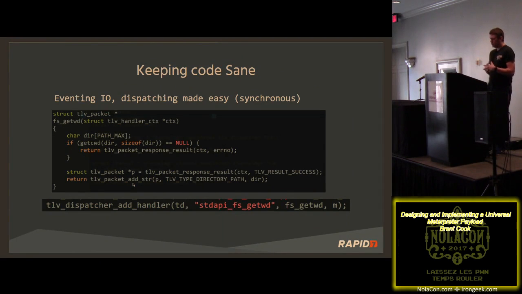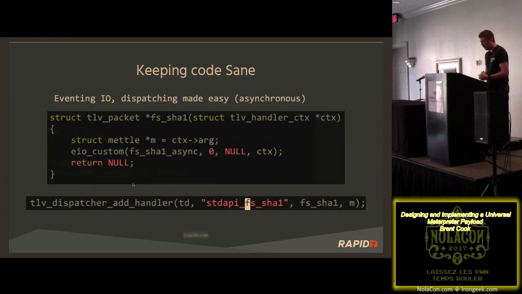The system is pretty nice in that there are other ways you can return as well. This scenario works really well for cases where you want to return right away and you don't think it'll actually take any time to return, because there's basically an event loop that's handling all this. That way, if you have something that might take a long time, like for instance here's code that calculates the SHA-1 of a file, you can actually create a custom event handler that runs in the background.